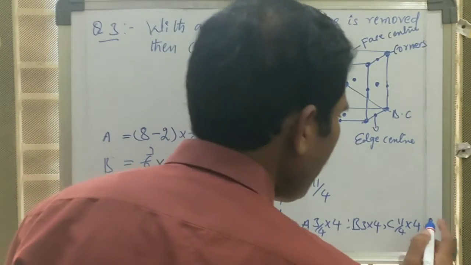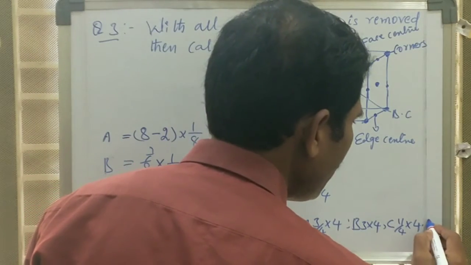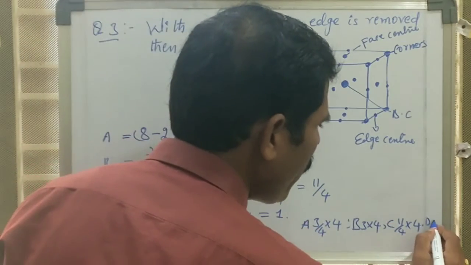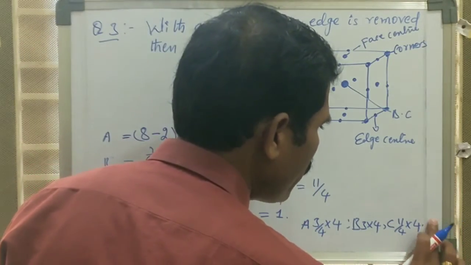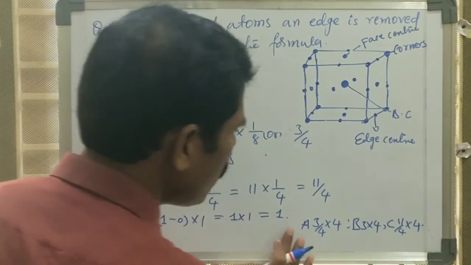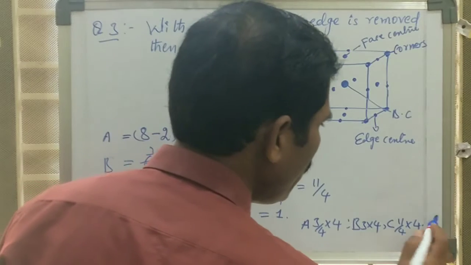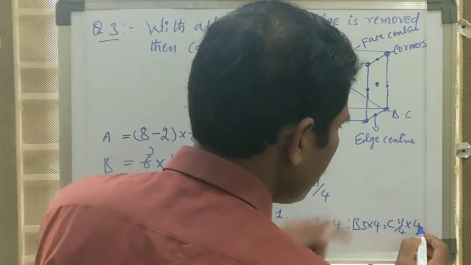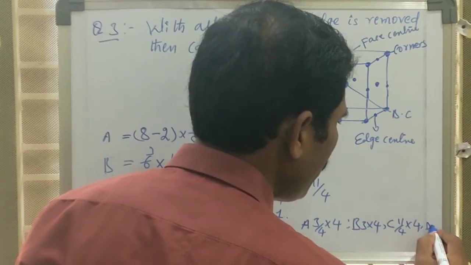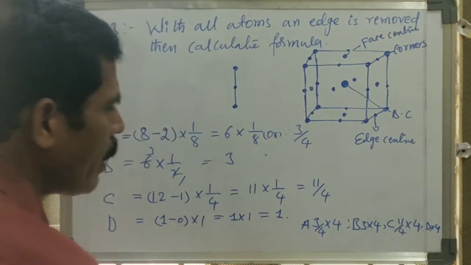Then D, 1, multiplied with 4. Now you can write it.